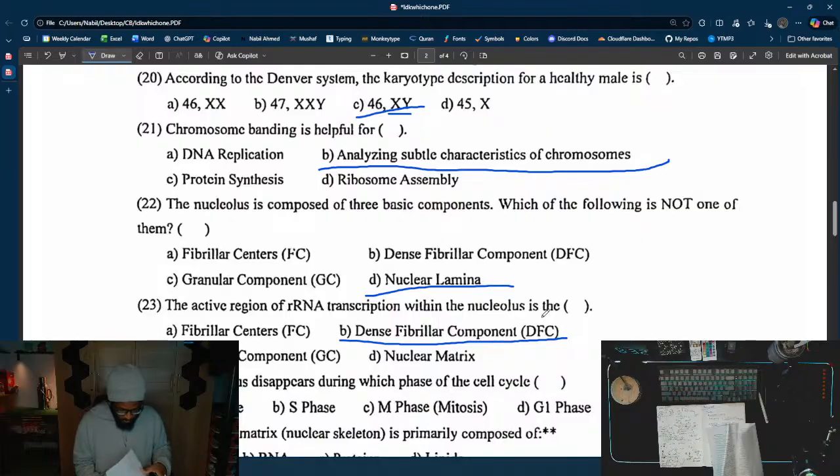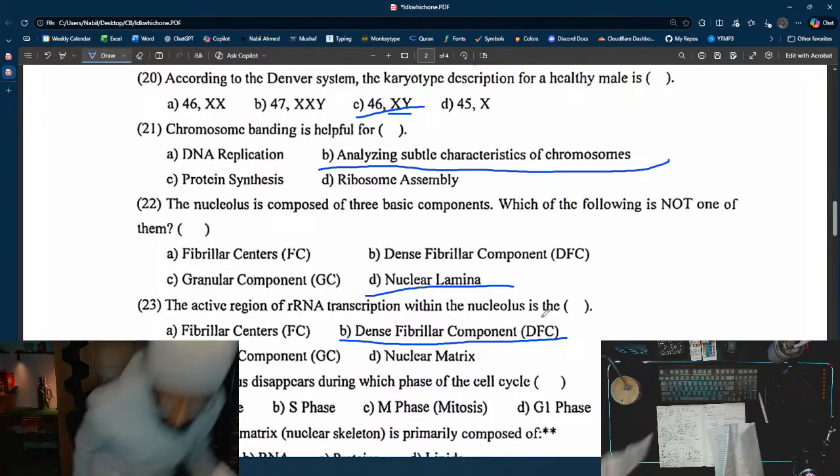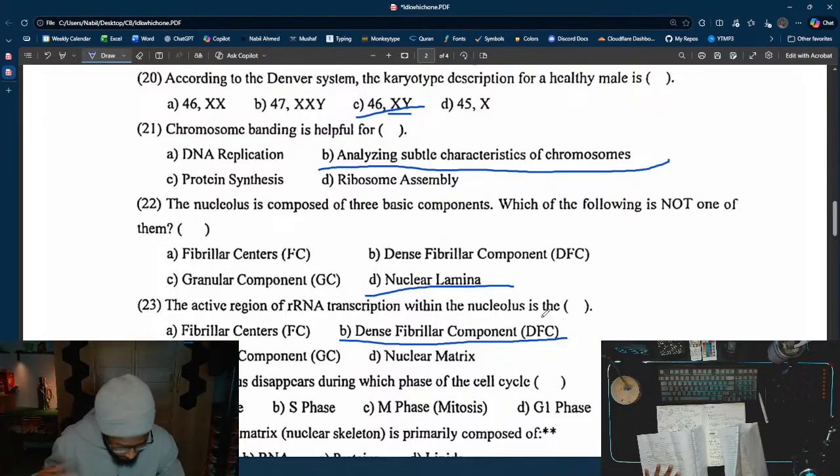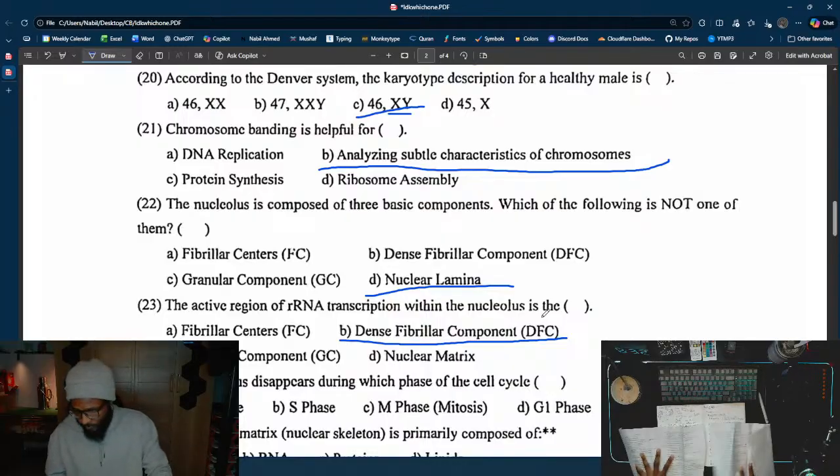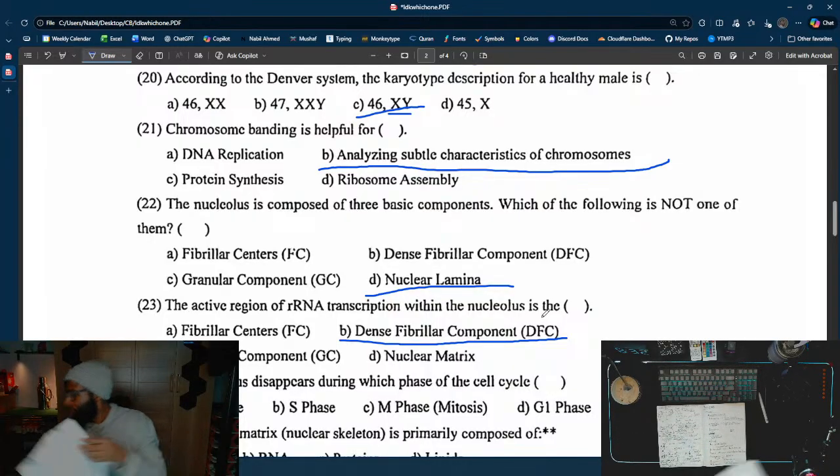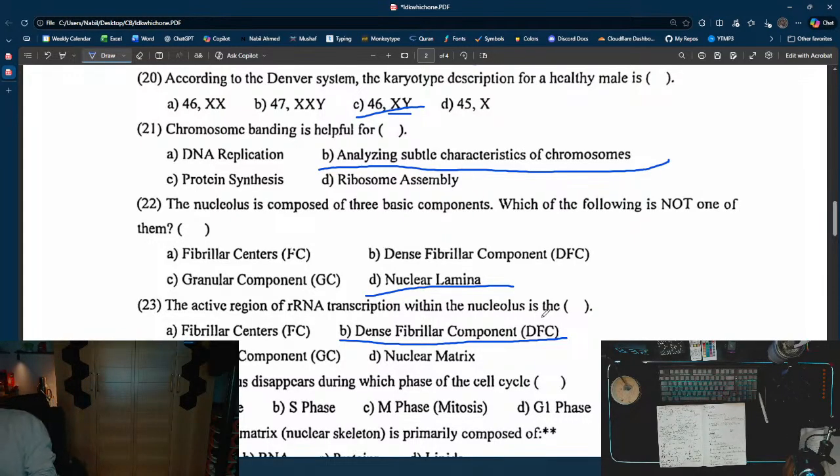As for the rest, I'm not sure. They're on the sheet, but yeah. Okay.